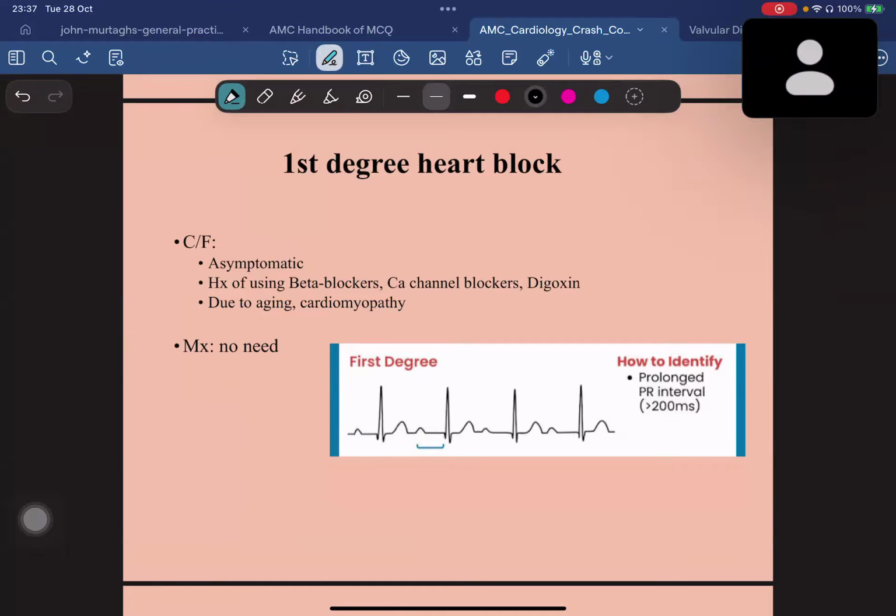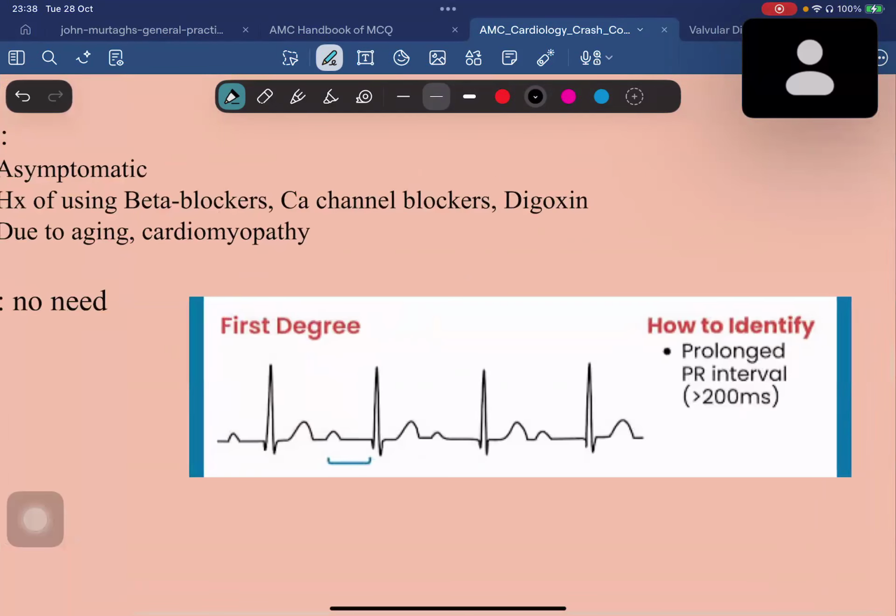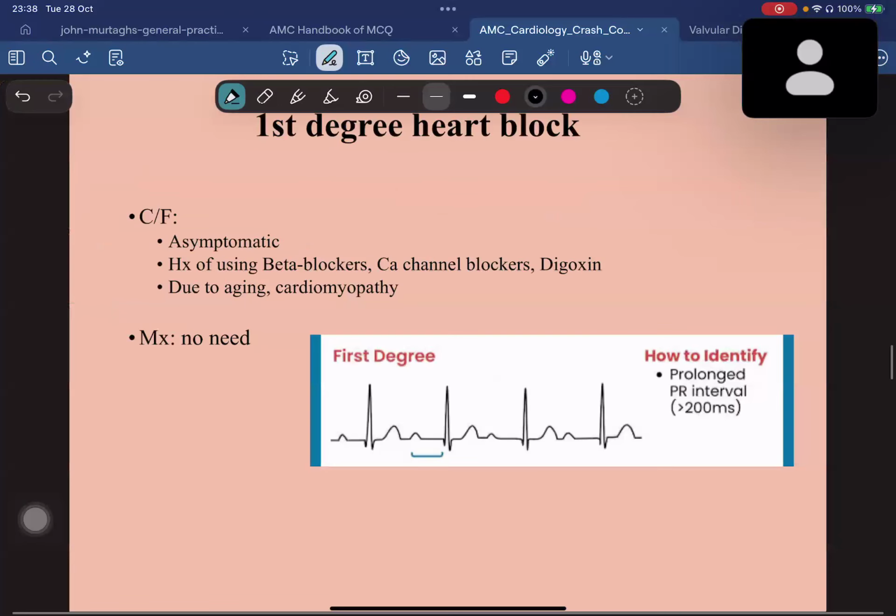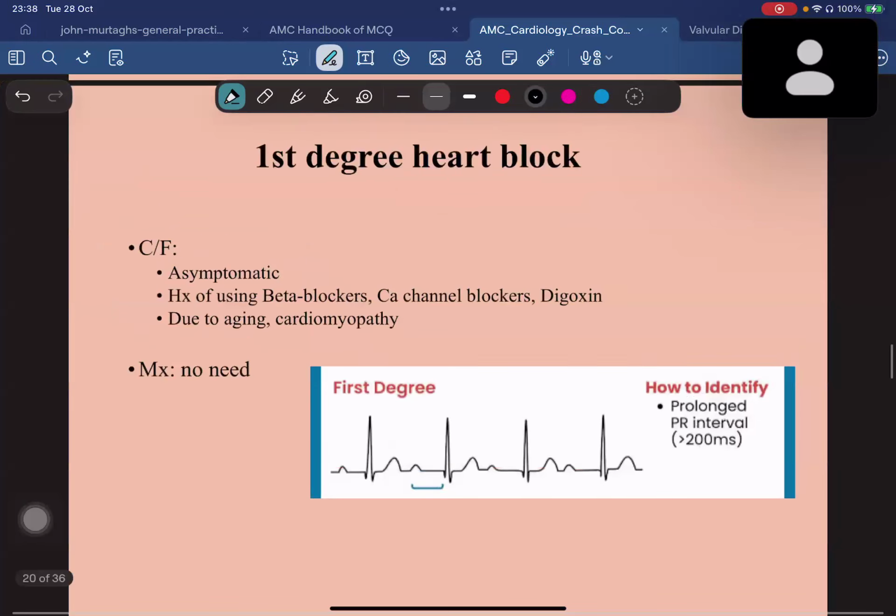It could also be due to aging or cardiomyopathy. So if somebody comes with an ECG like this and a history of all of this, you don't try to treat them, just try to stop the drug that's causing this situation. This is the basic first degree heart block ECG.